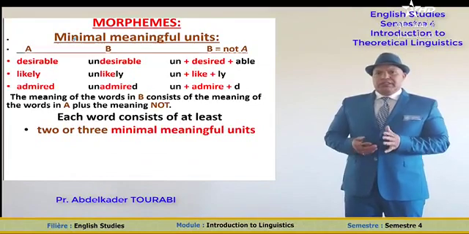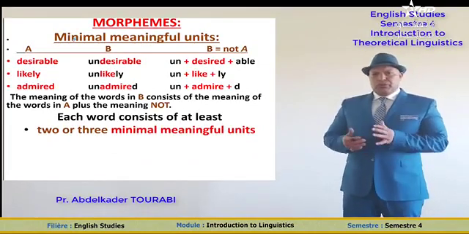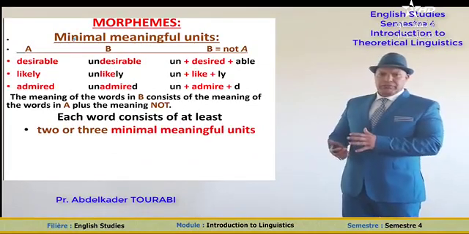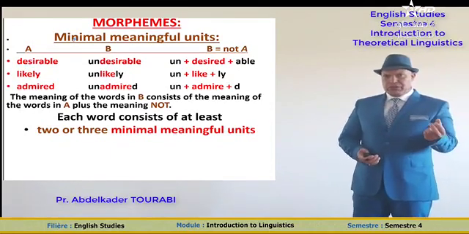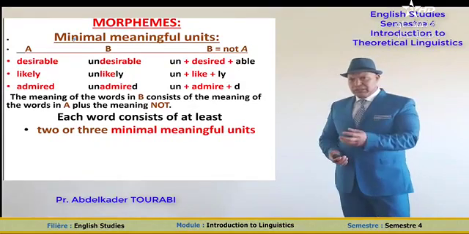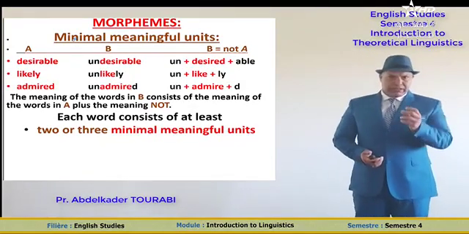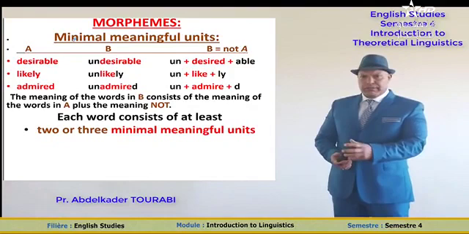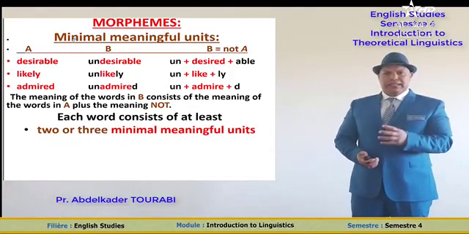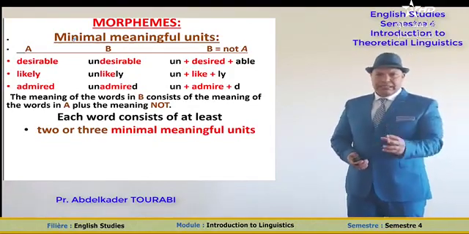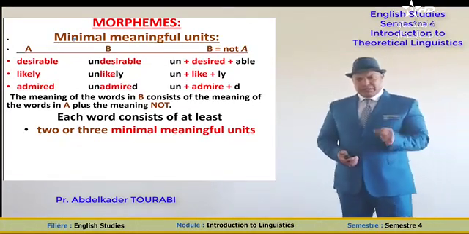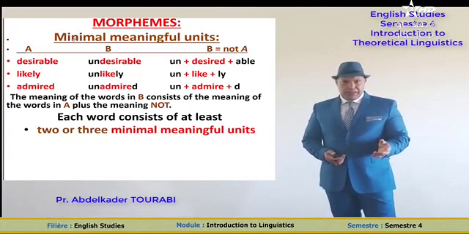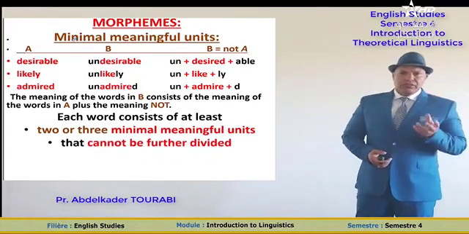Each word consists of at least two or three meaningful units. If we take the first word, undesirable, it consists of un plus desire plus able. The second one, unlikely, consists of un plus like plus ly. The third one we have un plus admire plus ed.